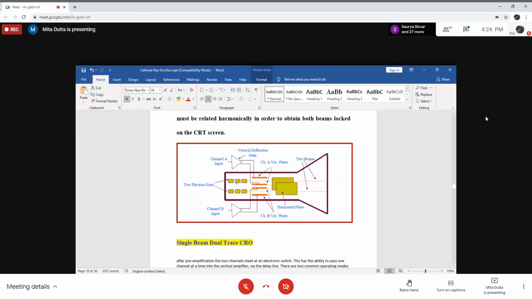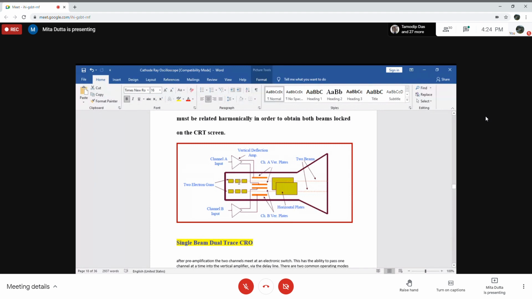We have one electron gun here, and another electron gun here. The first one is for channel A and the second one is for channel B. We are displaying two different input signals, and we have two different vertical deflecting plates, but a single horizontal deflecting plate.